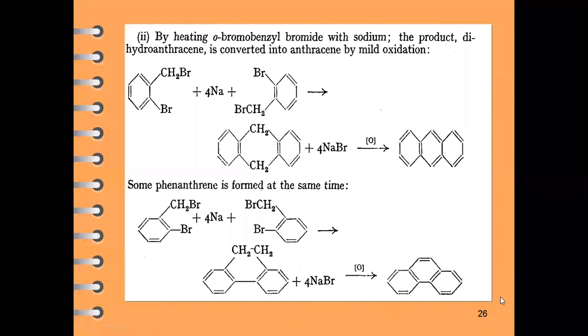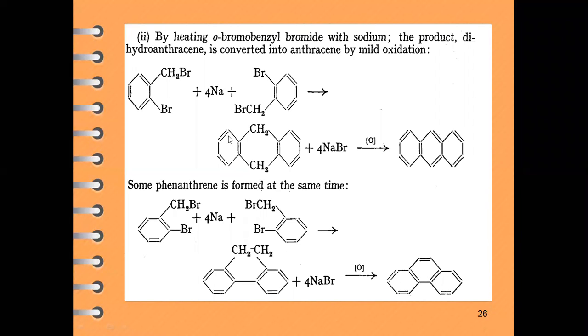It is in the angle position. The structures of phenanthrene and anthracene are quite similar. Both contain three benzene rings, but in phenanthrene the fusing of benzene rings is at an angle, and here the fusing of benzene rings is in the linear position.